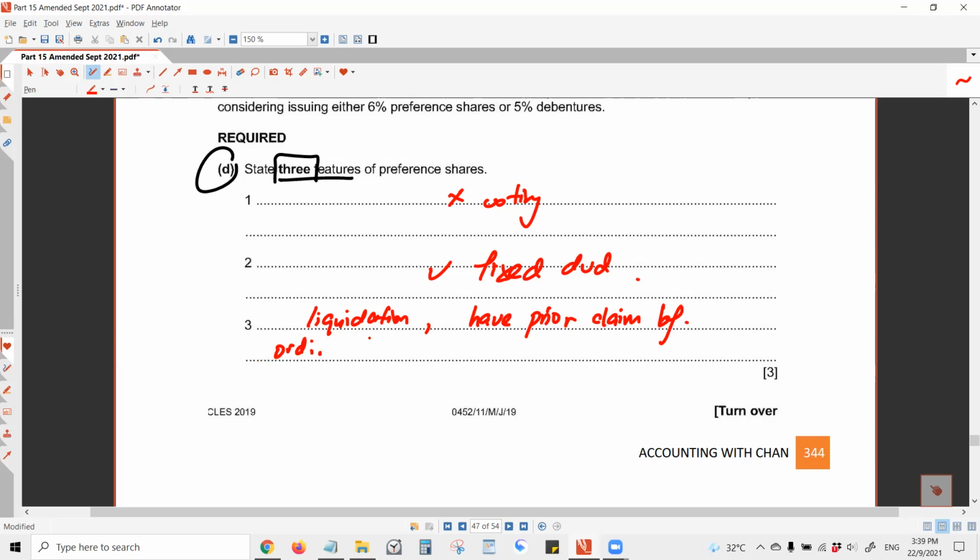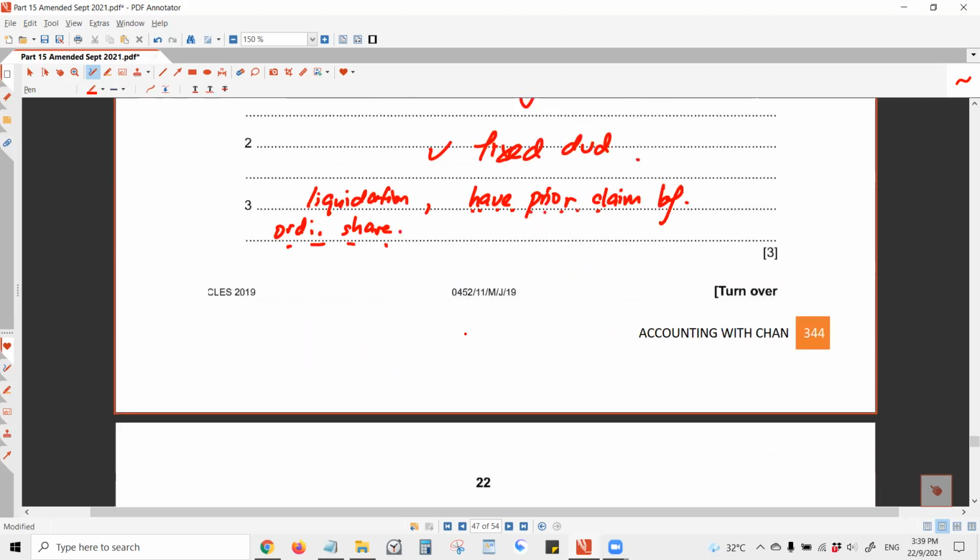Prior claim means they can get back their money first. You get my idea? During liquidation, preference shareholders will have prior claim before ordinary shareholders. They can get back their money first. So you complete the sentence yourself.